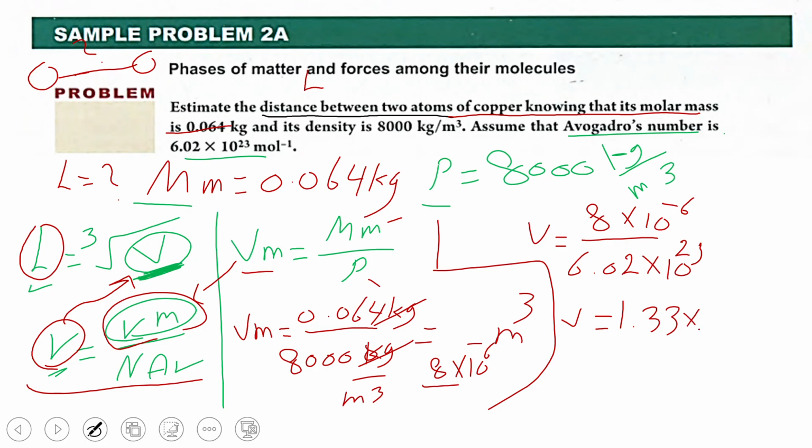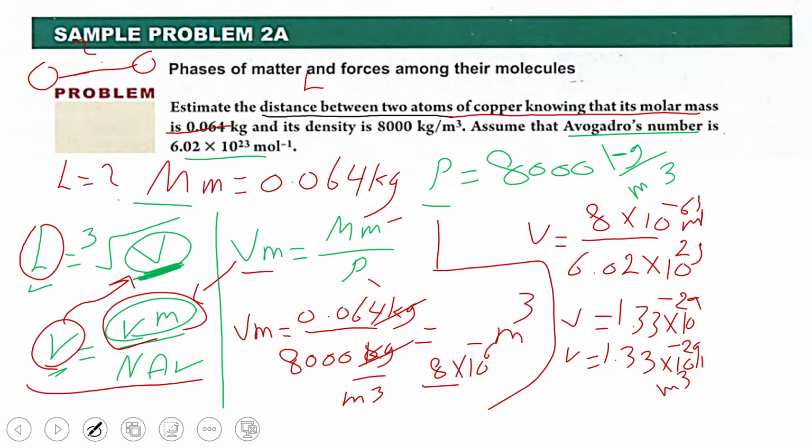The answer is 1.33 times 10 power negative 29, and the unit: Vm is in meter power 3 and the Avogadro number is just per mole, so the answer is 1.33 times 10 power negative 29 meter power 3.